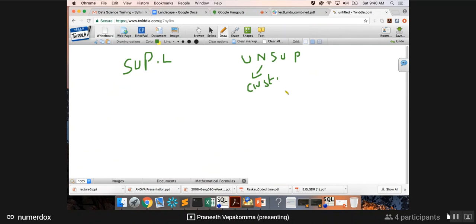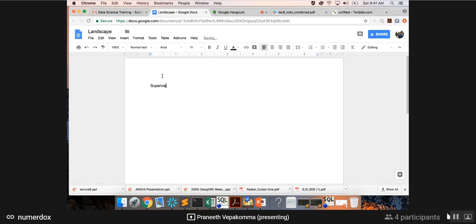Then there is another learning known as semi-supervised learning, somewhere in the middle. At this point, I have to type. That is better. Supervised learning, unsupervised, then you have semi-supervised learning.